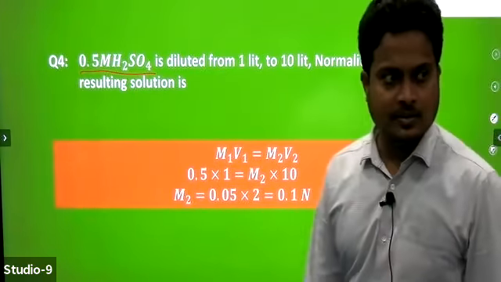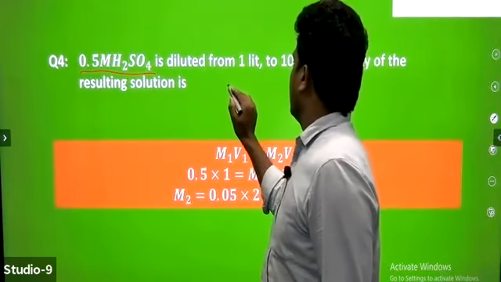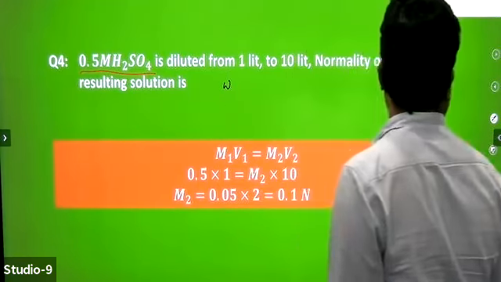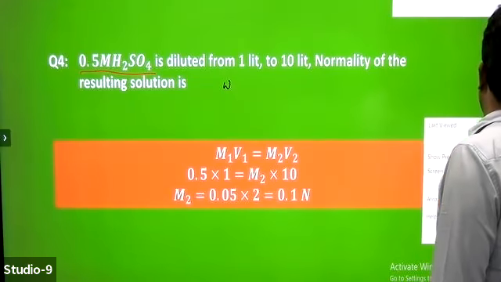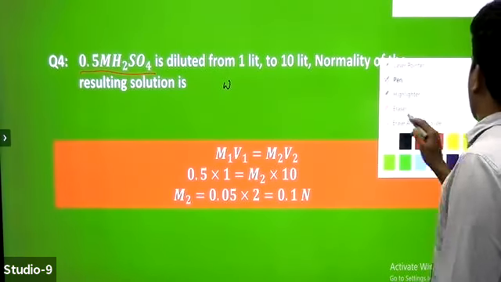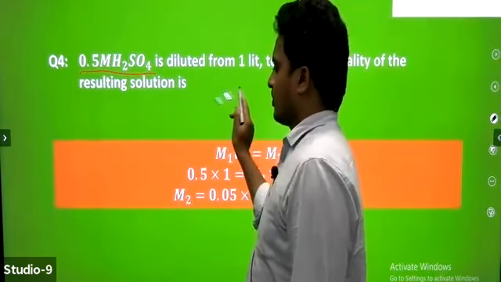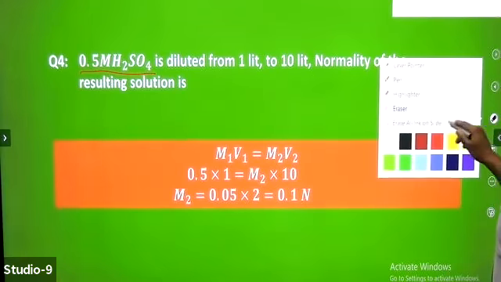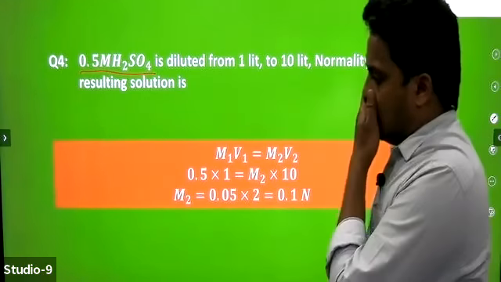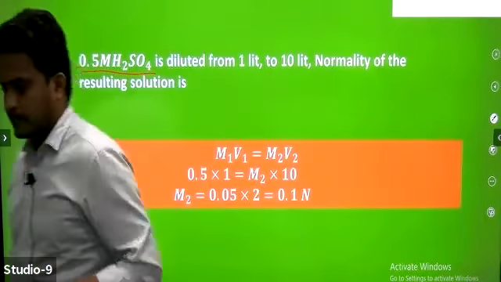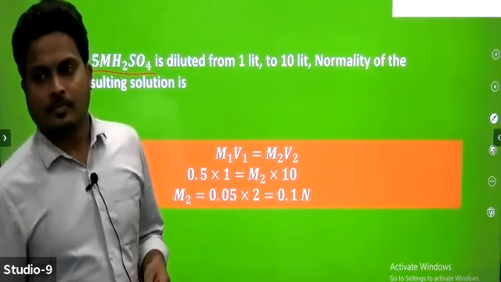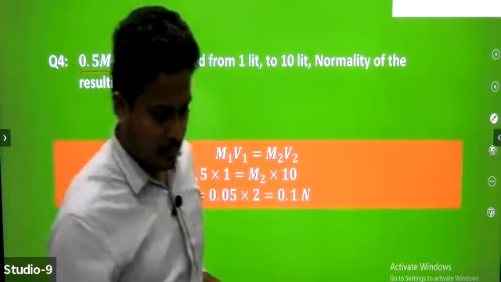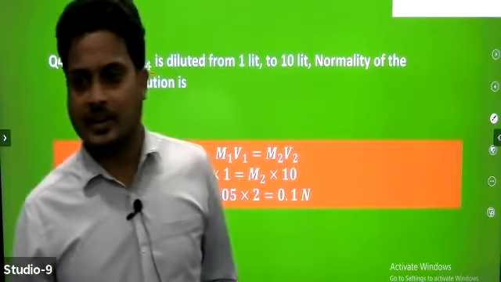Molarity formula: 1000 by volume of the solution in milliliters.